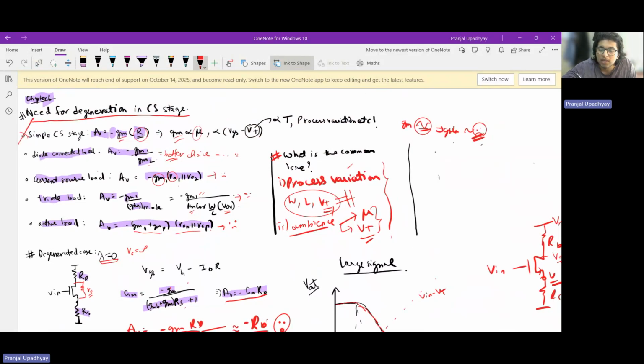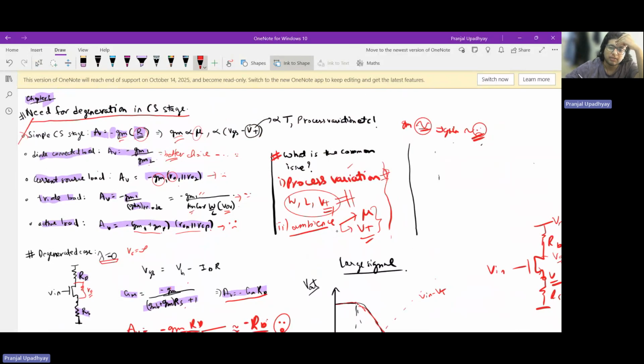This process variation makes our gain variable, which is a big concern, not so much in a single stage, but especially when multiple transistors are involved. For example, if the load is a transistor and the common source stage is driving it, which is still a single stage, but this also really troubles us in differential signaling.